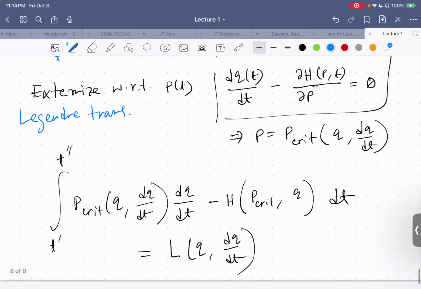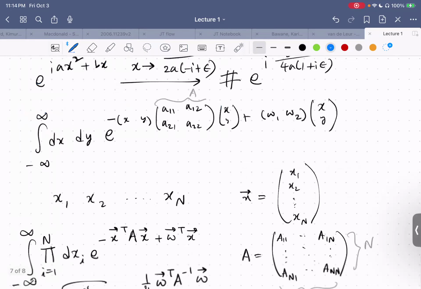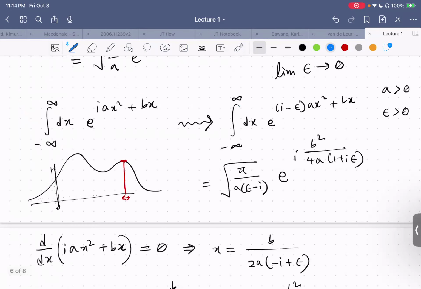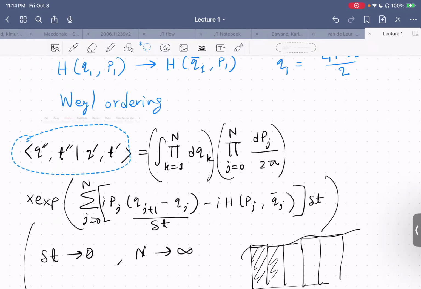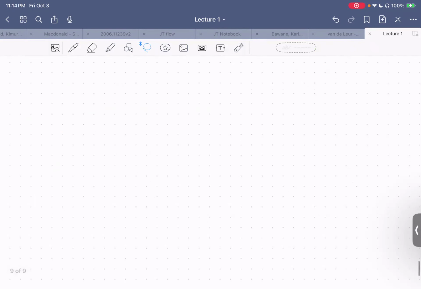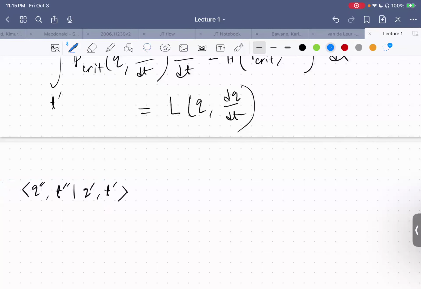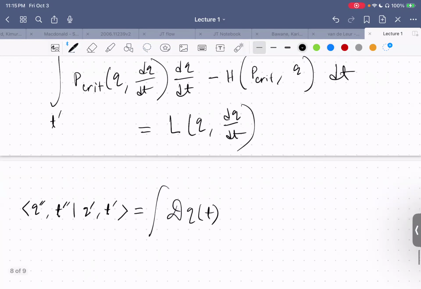Okay. So the point is, the transition amplitudes that we were talking about, this one, we can write as an integration over Q only, because we have done the integration over P, of the exponent of i times the Lagrangian.